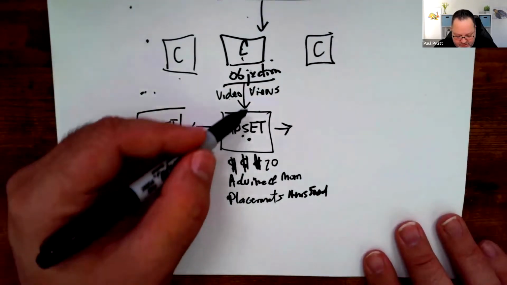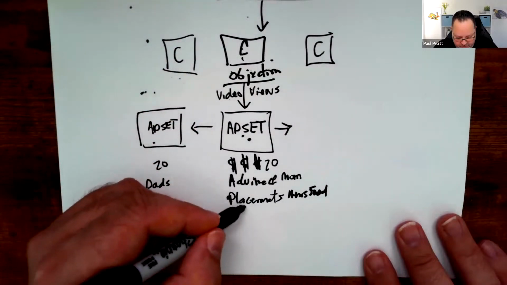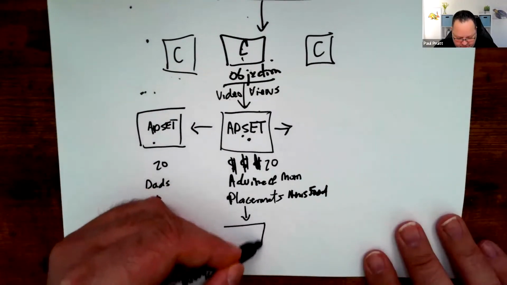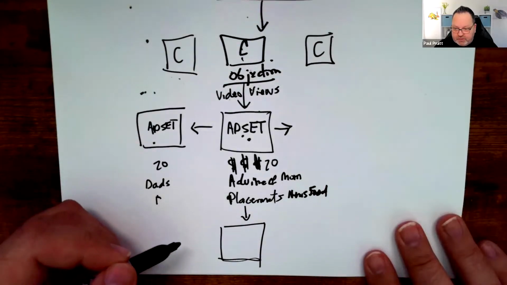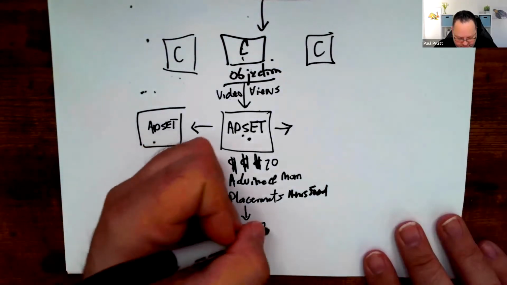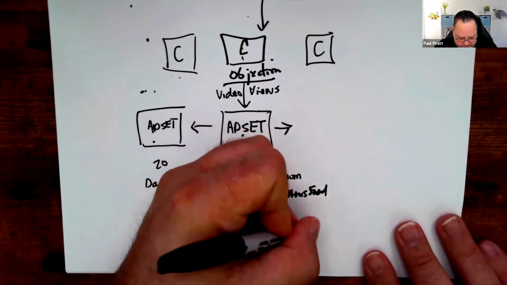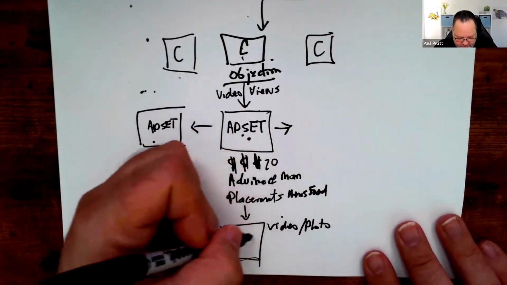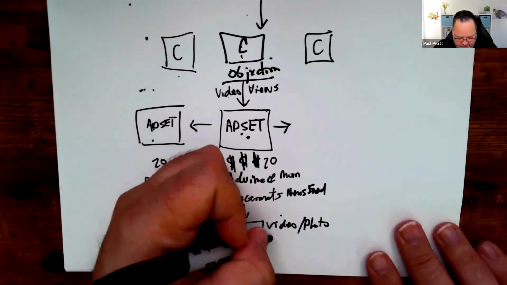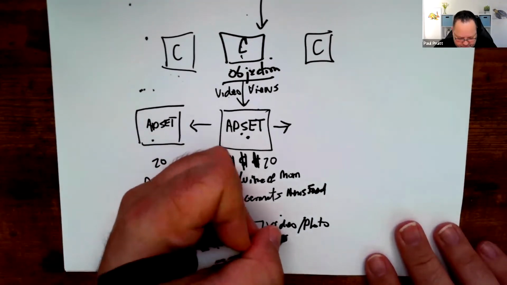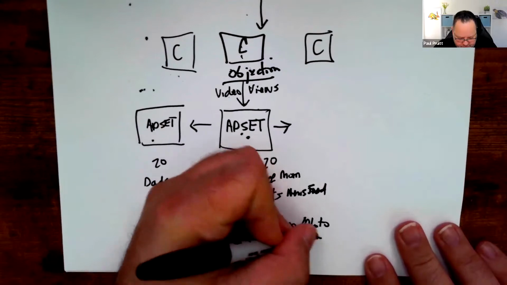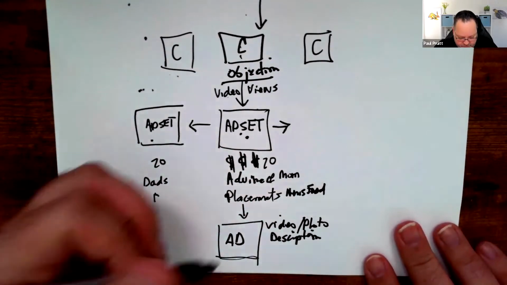So in this ad set, just going through this example though, you're going to create an ad, the actual ad itself. So the ad is going to have the visual element. Is it a video? In this case, it's a video or photo. It's going to have a description. It's where you can give long and wordy as far as what you want to say.